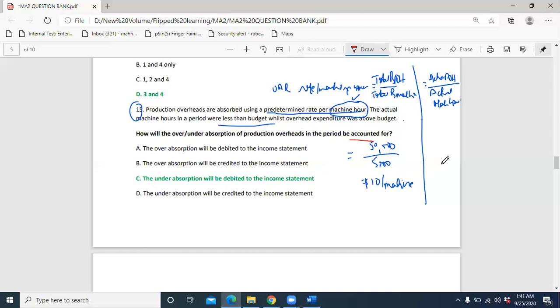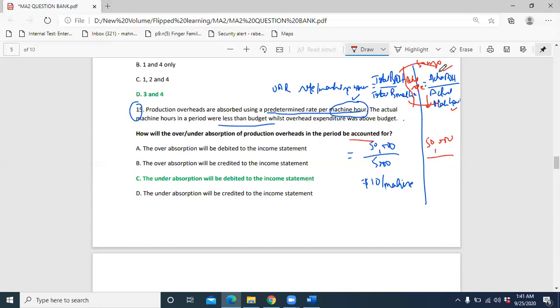So first we need to identify what's the situation here. It says that if actual machine hours are less, right? What would happen to the actual rate? That's the formula for the actual rate here: actual production overhead divided by actual machine hours. For example, if total budgeted production overhead and actual production overhead are the same, but the denominators, machine hours, are not the same, right?